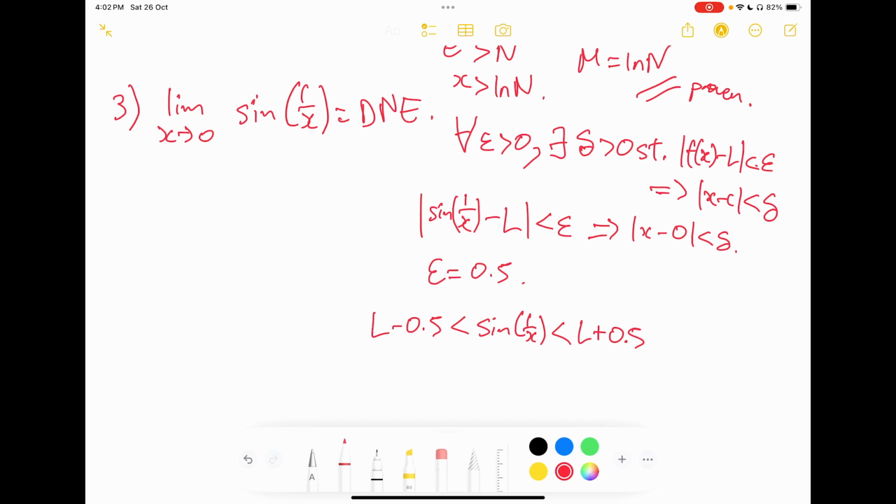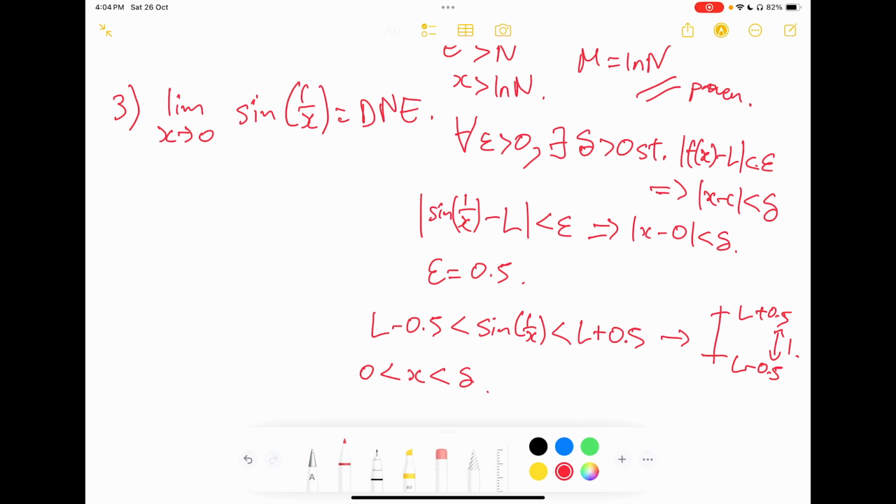However, because sine 1 over x is a periodic function, for x between 0 and delta, it is only expected to cover this much of the interval, which, if you put it on a number line, covers a distance of 1.